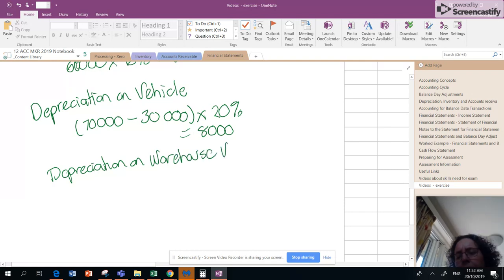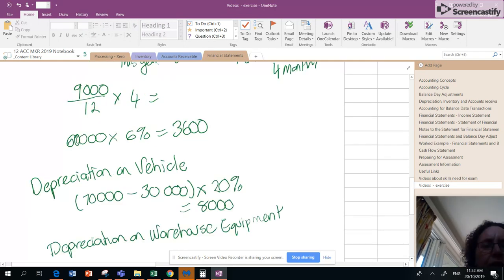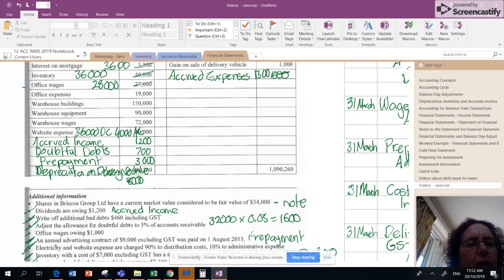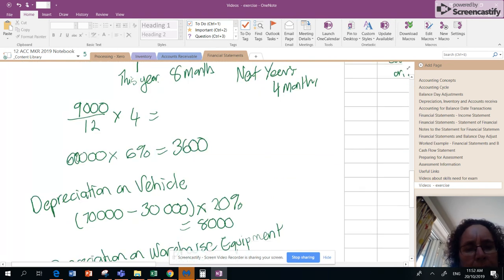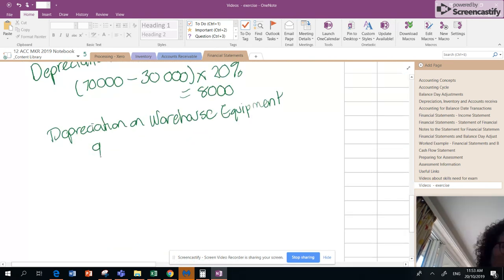They may give you a residual cost and how long, and so then you could work out the rate for a straight line. So we're just going to find our straight line value. So it's going to be 90,000 times by 10%, which will give us 9,000.